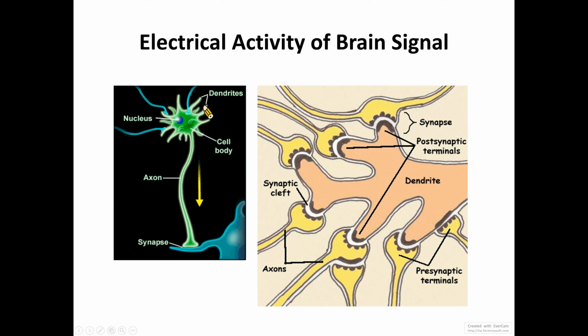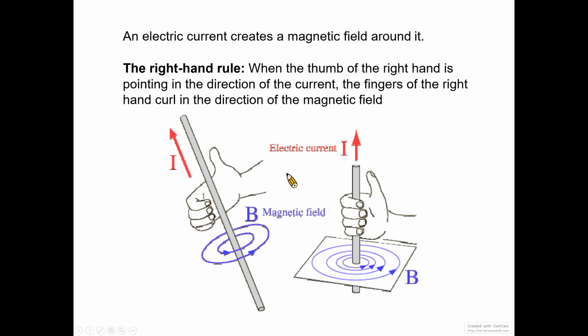If you have lots of neurons and axons, you will see significant changes in electrical activities, even when measured on the scalp. We can measure these electrical activities in two ways.